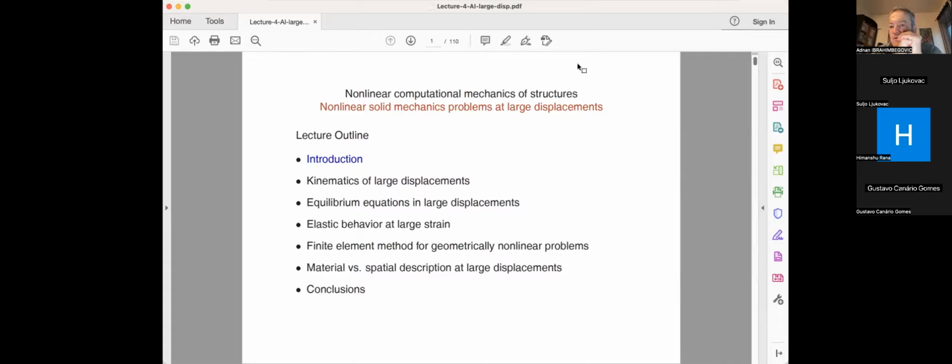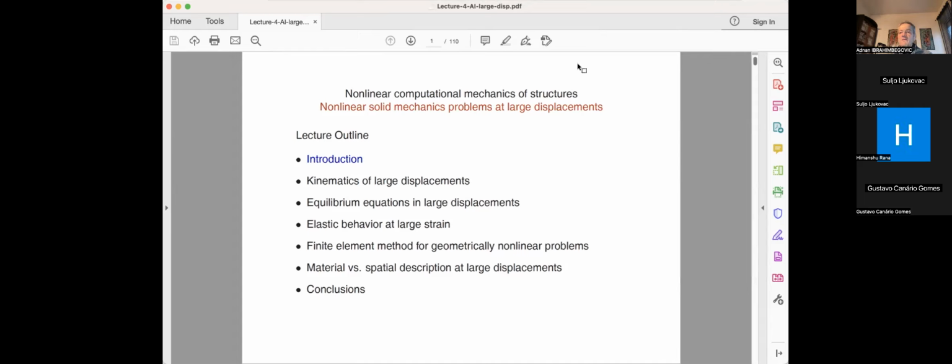So many people prefer rate theory to deal with that, but in fact, what's really behind that is something called spatial representation of large deformation, as opposed to material representation. So I also try to explain how to switch from one to another.